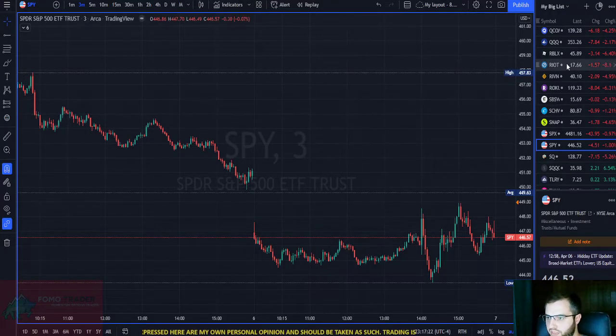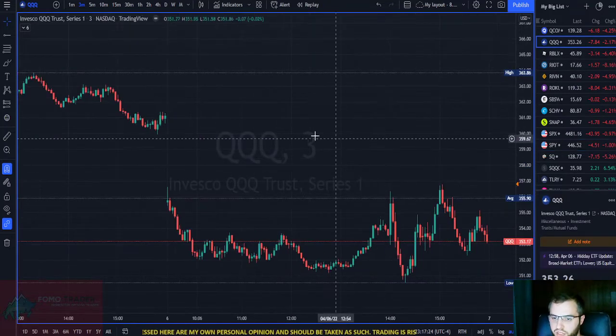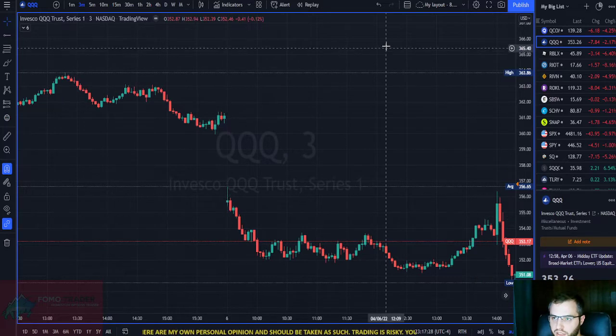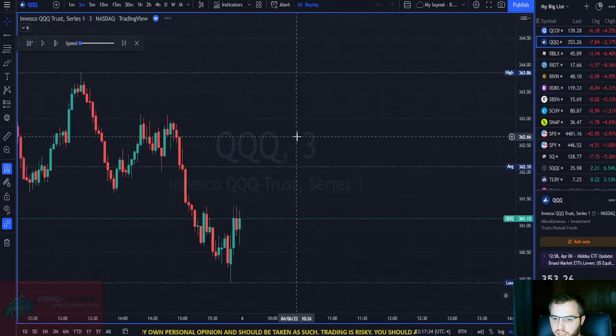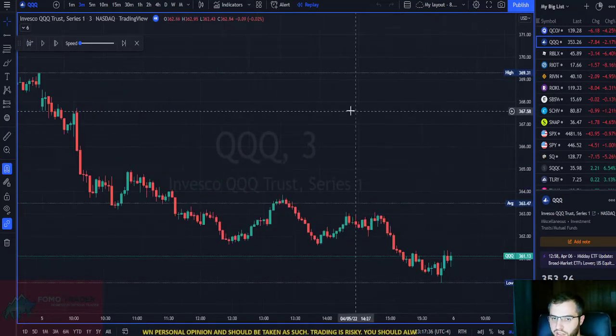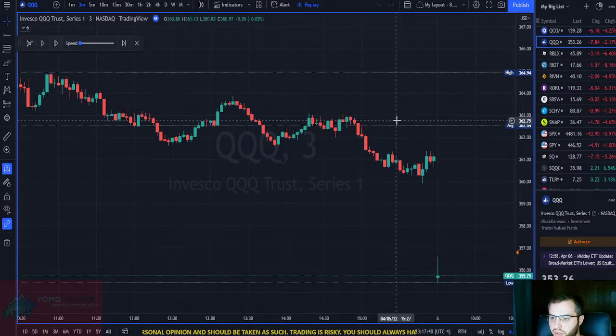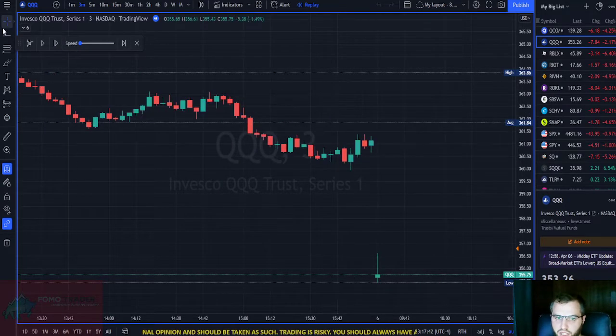So the first example I want to look at here is QQQ. This was our first 3-minute candle here. So we're going to do a replay and we're going to come back to here. First 3-minute candle. Okay, it closes.